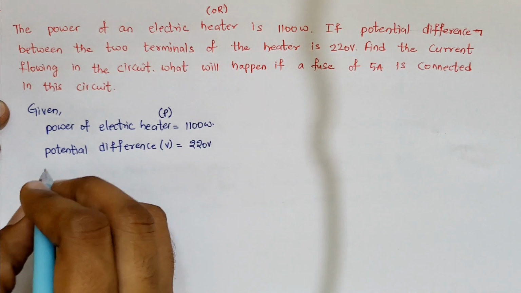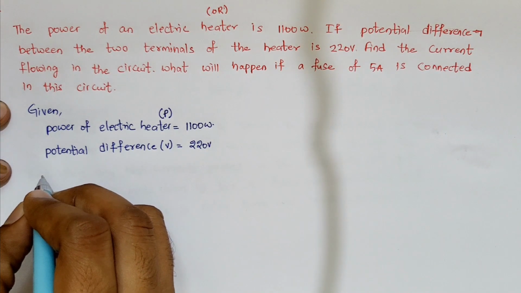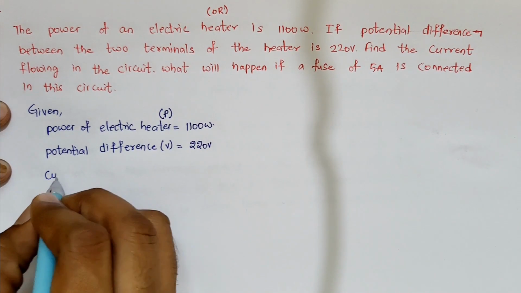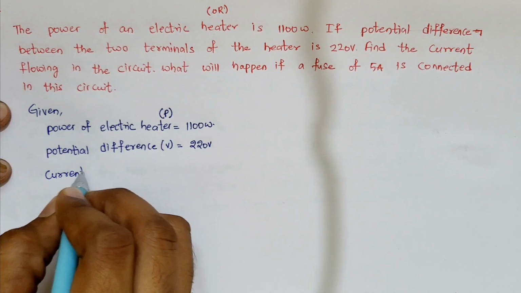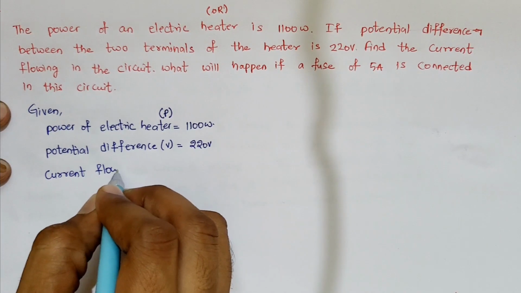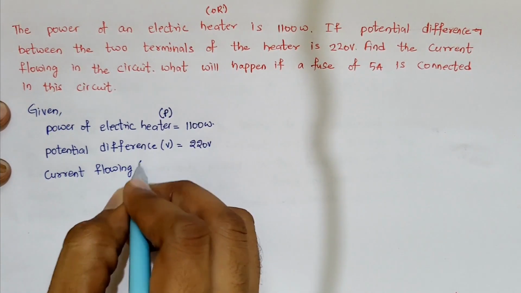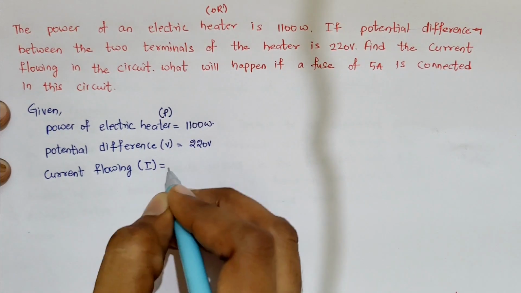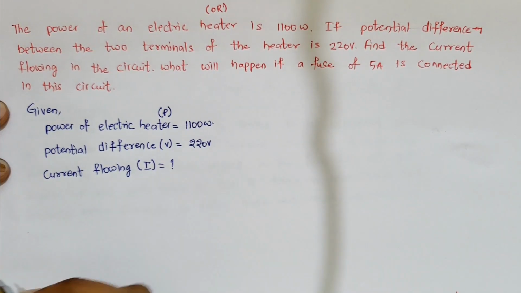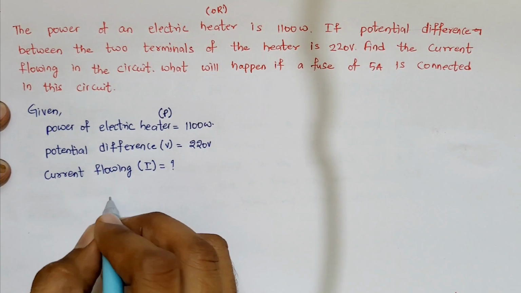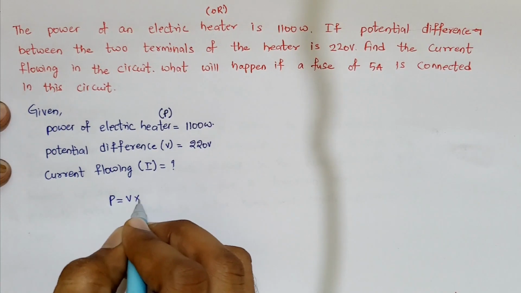Now they asked us to find the electric current flowing, I is equal to question mark. What do we know? We know the formula for power as P is equal to V into I.